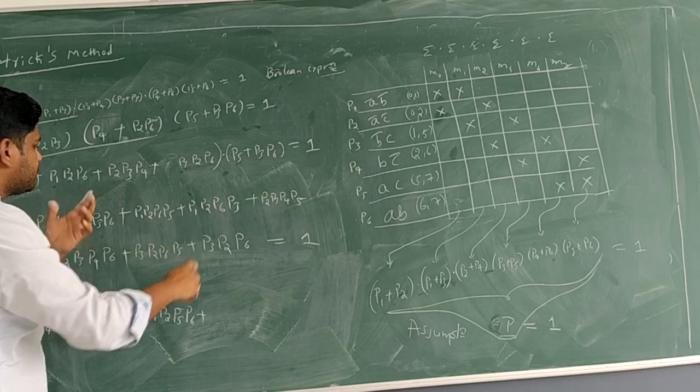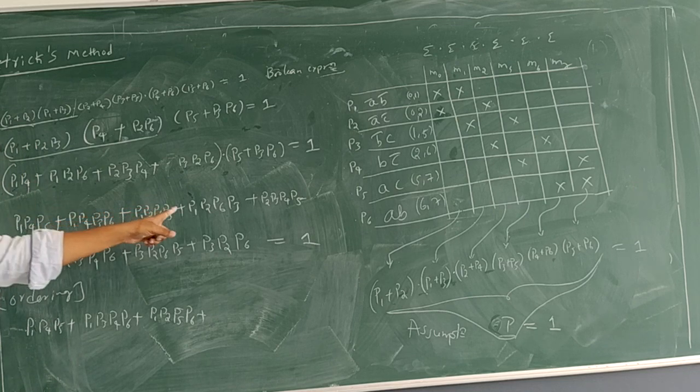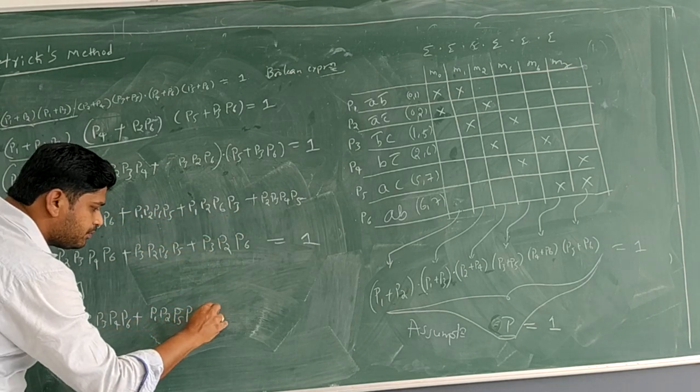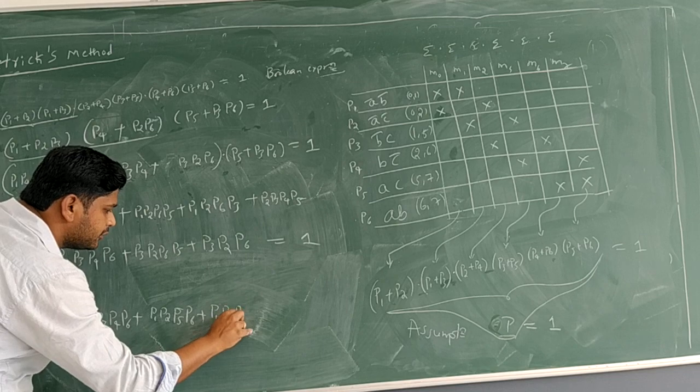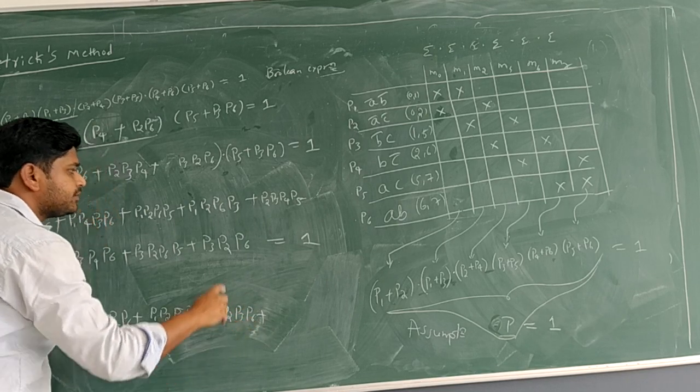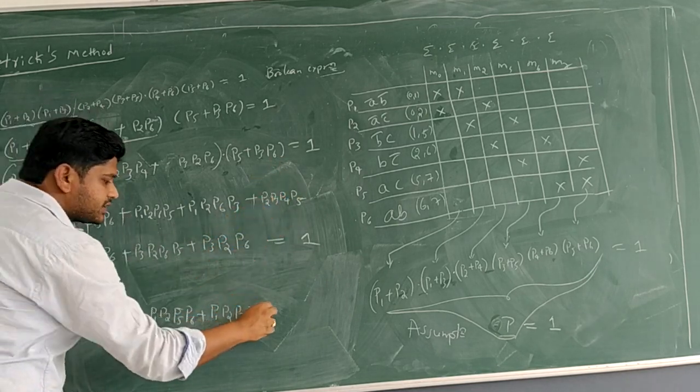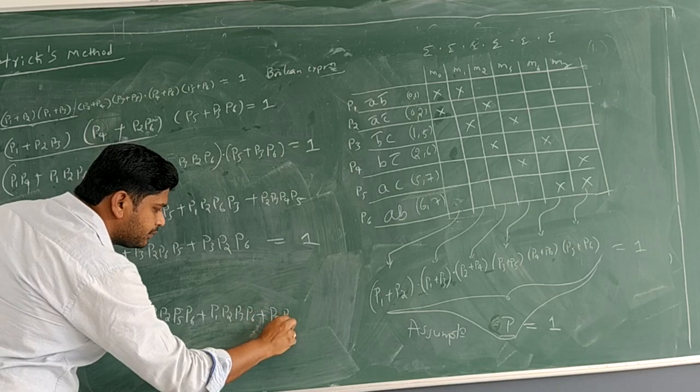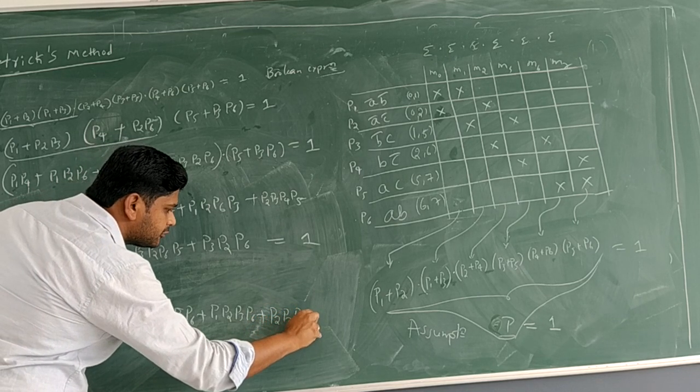Next 1 2 6 3, which will be correct, 1 2 3 6, P1 P2 P3 P6. Next 2 3 4 5, it is correct, P2 P3 P4 P5.